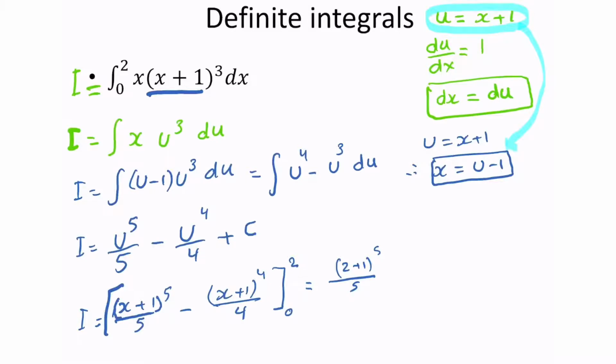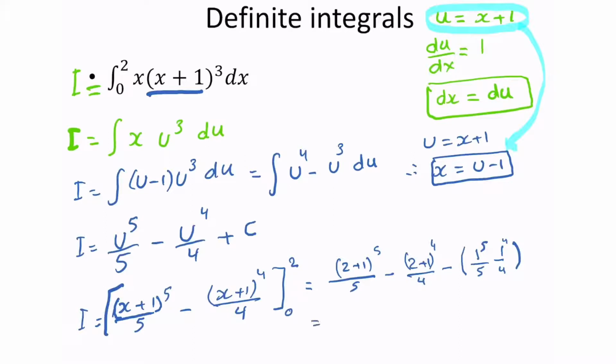Okay, so (2 plus 1) to the power 5 over 5, and minus (2 plus 1) to the power 4 over 4, and minus, same thing, 0 plus 1, which is 1, to the power 5 over 5, minus 0 plus 1, which is 1 to the power 4, which is 1, over 4.